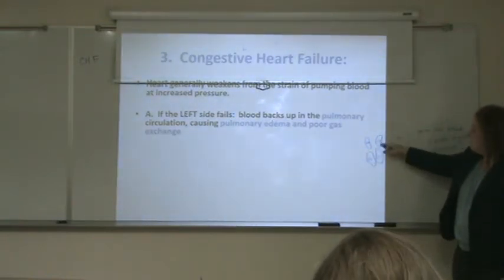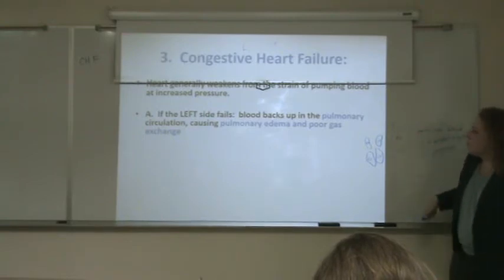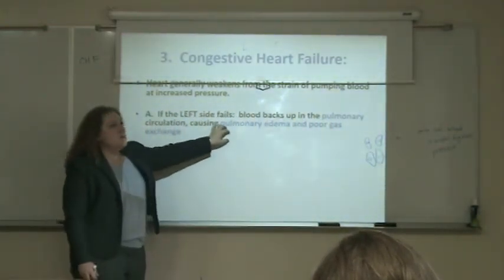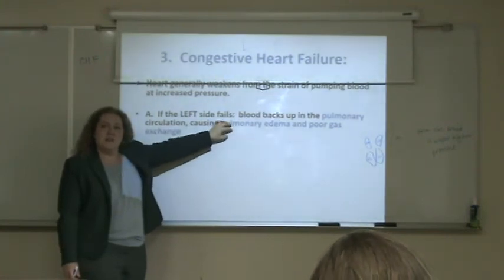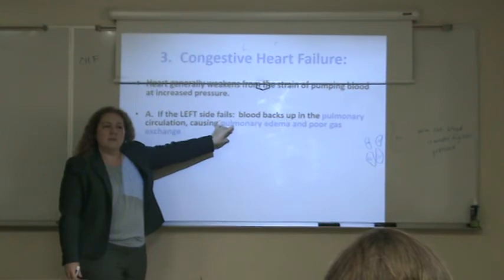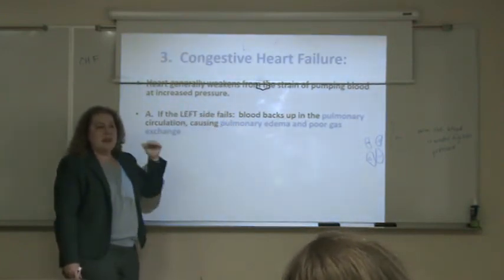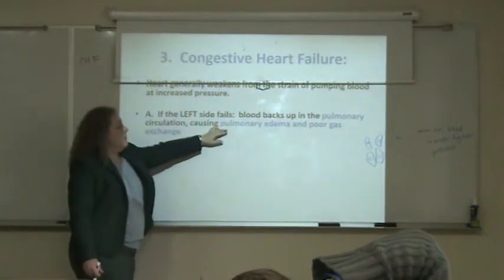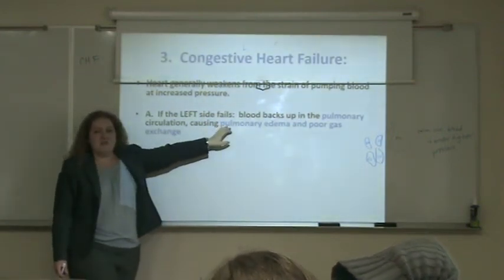So if the left side fails, we get blood backed up in the pulmonary circulation. It's under pressure. We get more fluid leaking out of the blood into the lungs. We get pulmonary edema. You could relate this back to those capillary dynamics pictures. So you're getting too much fluid in your lungs. That's dangerous.